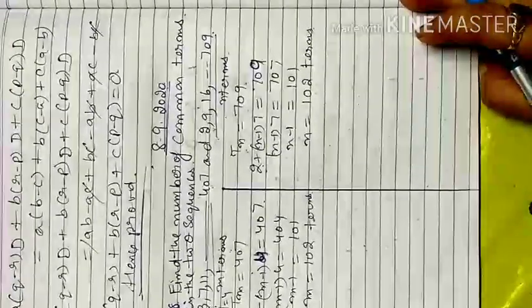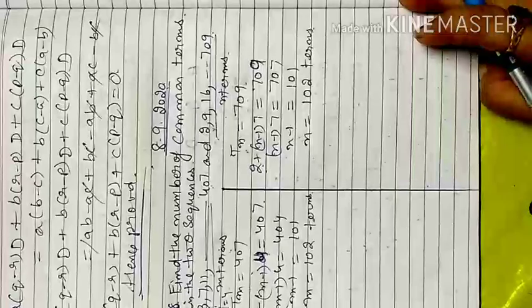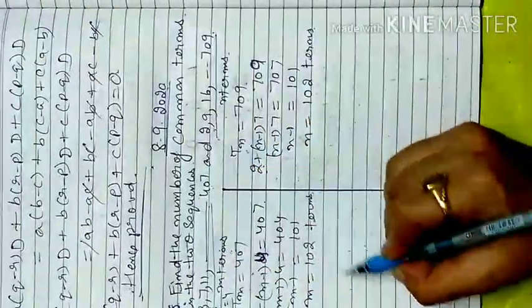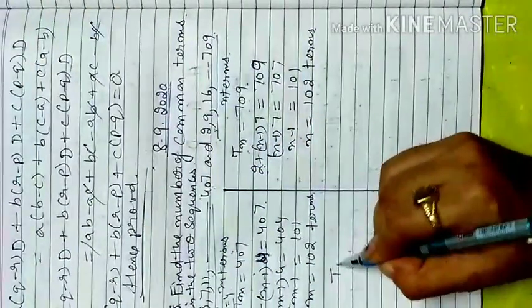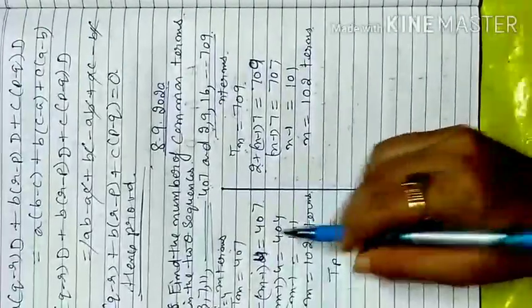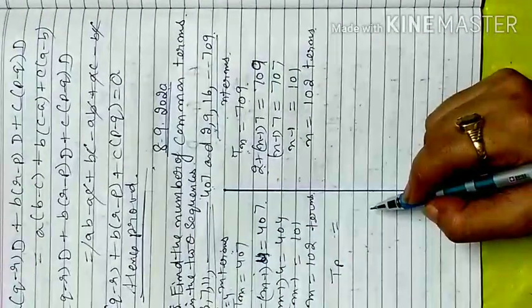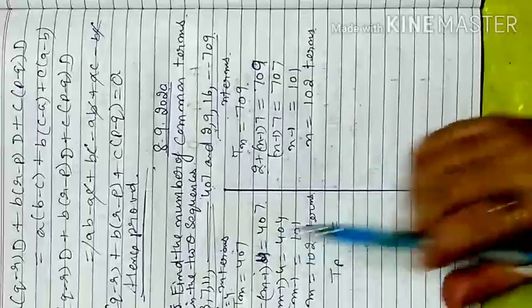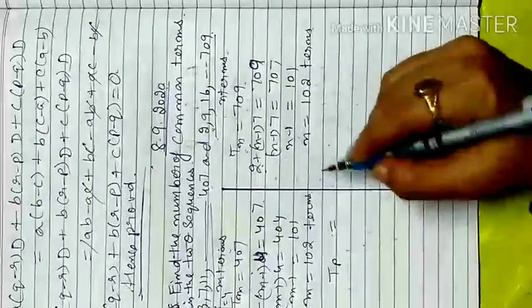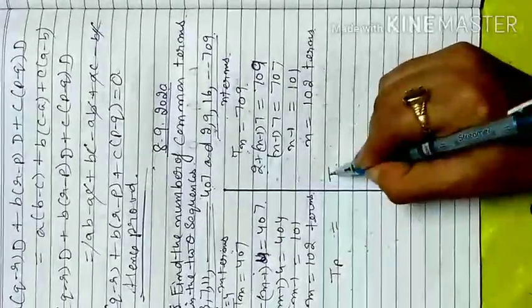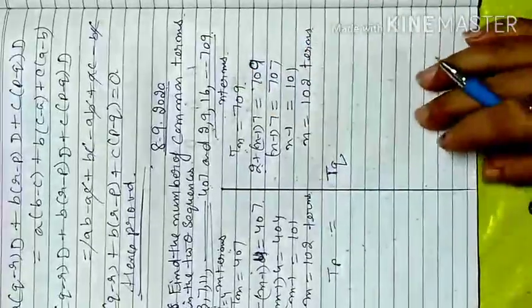So in this case, first we will consider any term, like the pth term of this first series, and we consider that the pth term of this series is equal to the qth term of this second series.